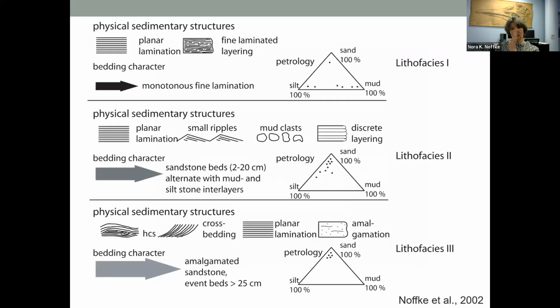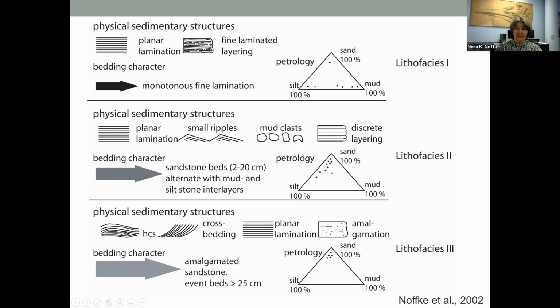Now, if we take a look at lithofacies that include MISS, we see MISS are not in the lithofacies that record very, very slow water motion, if any, that include a lot of fine-grained material, because that material would block light, which is not good for photoautotrophic organisms.